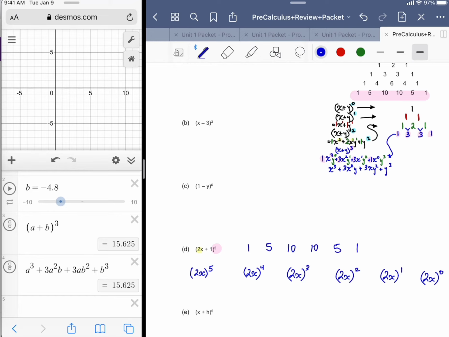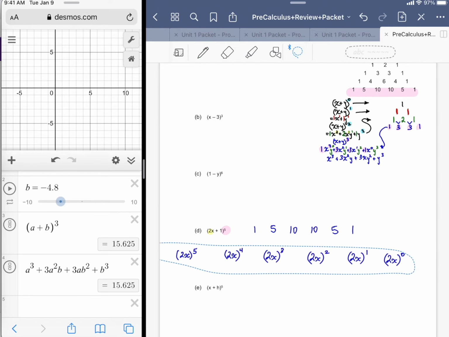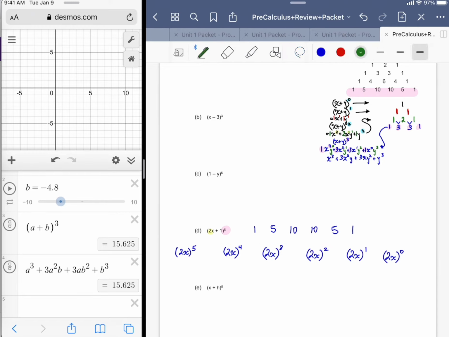Then I'm going to take the 1, starting on the right-hand side, and raise that to the 5th power, and then decrease my power as I go from right to left. You don't have to write it because 1 to any power is going to be 1 anyway, but I'll put it in just so we have it. 1 to the 5th, 4th, 3rd, 2nd, 1st, and then 0th.